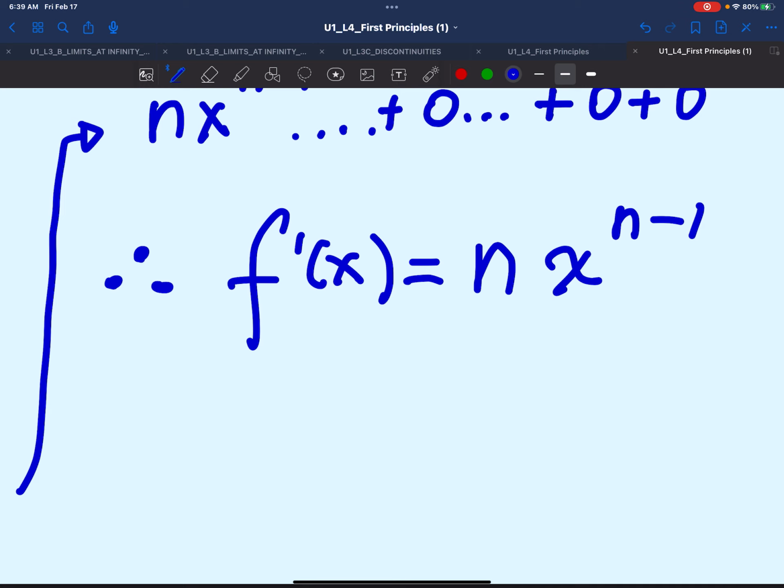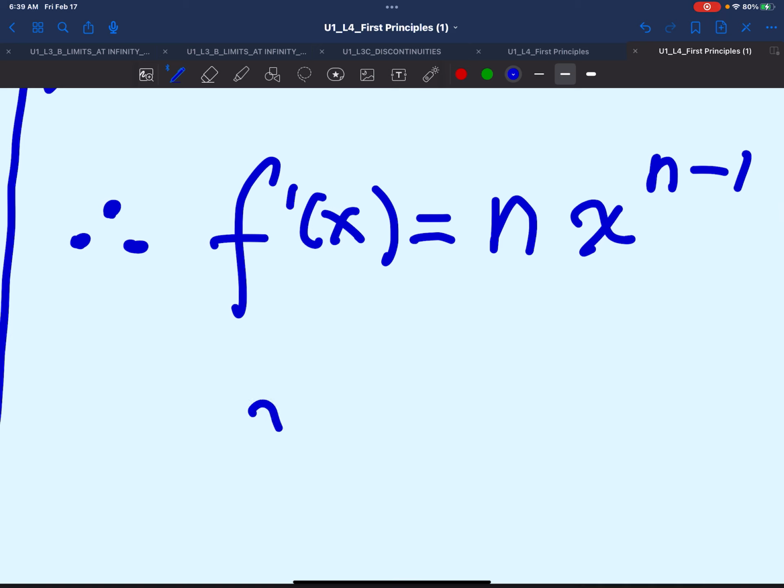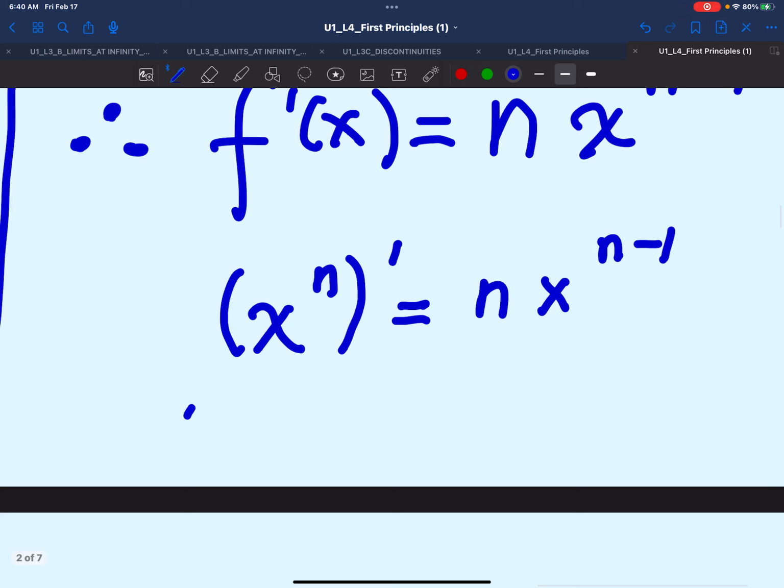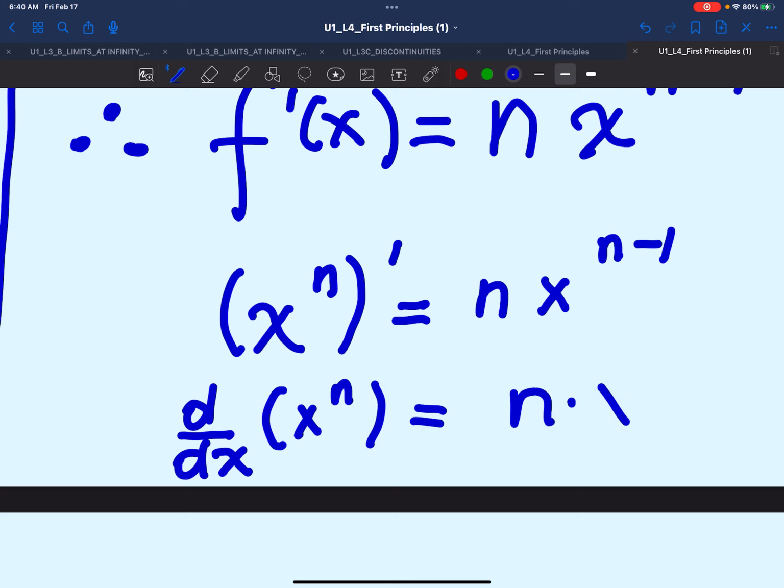So generally speaking, we're going to say that the derivative of x to the power of n equals n x to the power of n minus 1. Or, in Leibniz notation, we'll say d/dx of x to the power of n equals n times x to the power of n minus 1.